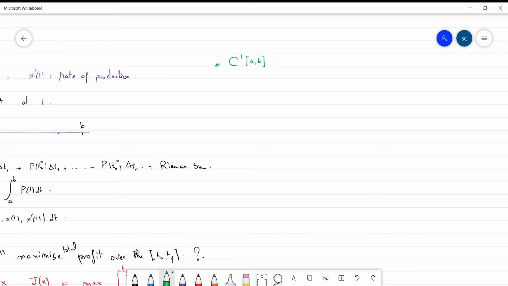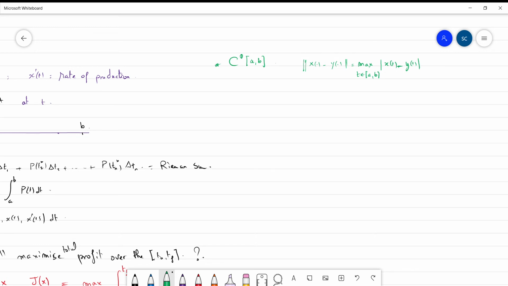We define on C0 first, on continuous functions, the distance, and we name it with a double bar, of two functions x and y. The distance will be the maximum over t between a and b of the difference of the values taken by the two functions. This is how we measure.